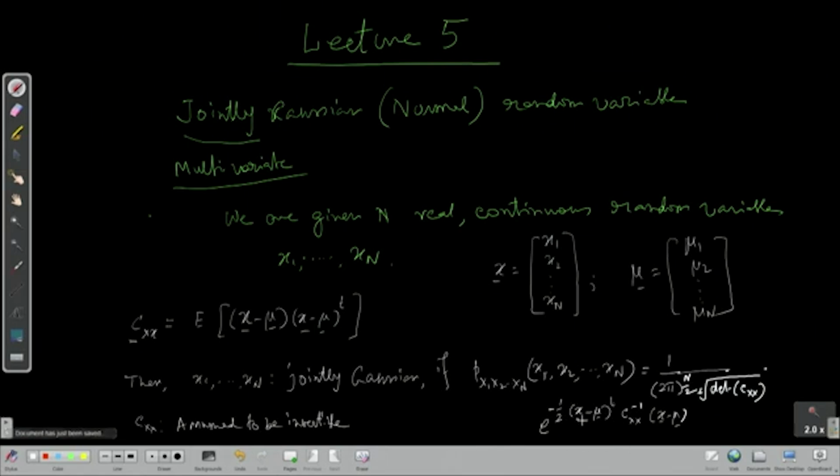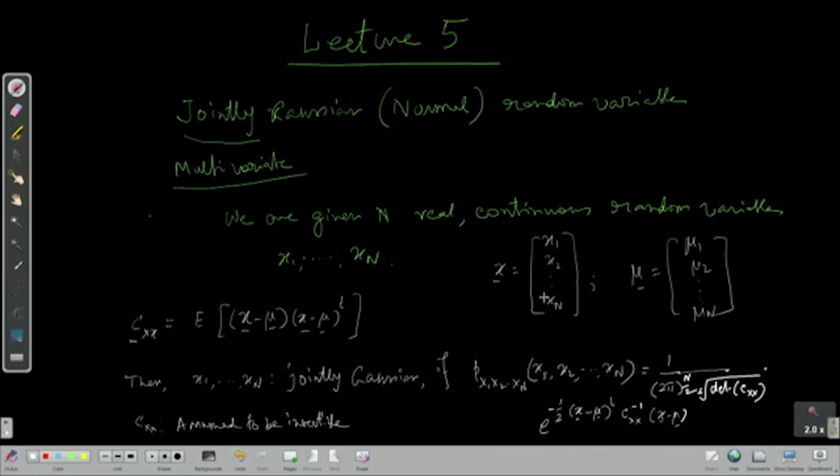So 2 pi to the power n by 2 is a scalar, the determinant is a scalar, because probability cannot be a vector, probability is a scalar. So the whole thing is a scalar. So in the case of jointly Gaussian random variables, this should be the joint probability density. If capital N is 1, there is only one random variable, then you will see this boils down to our well-known Gaussian density function for one variable.